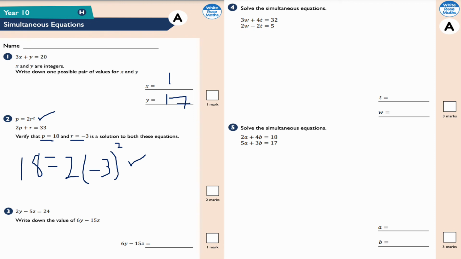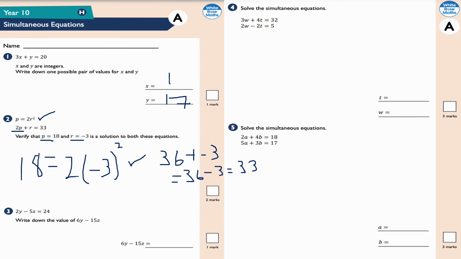The second one, 2 times 18 is 36, plus minus 3. So I've got 36 plus minus 3. Well, the plus and minus goes to a minus, so it's 36 take away 3, which is indeed 33. So that is true for the right hand side.